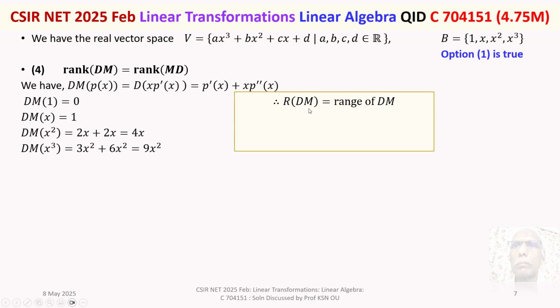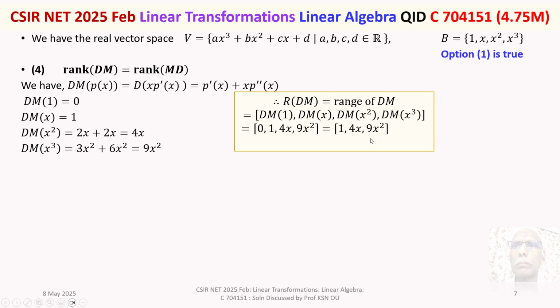So range of dm is equal to the linear span of dm of 1, dm of x, basis vectors, dm of x square, dm of x cube. The linear span of 0, 1, 4x, 9x square. This is a linear span of 1, 4x, 9x square.